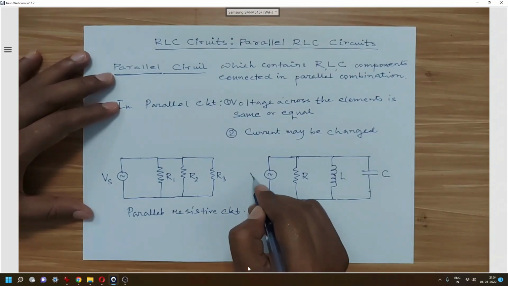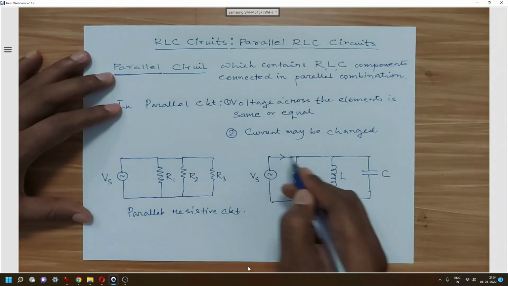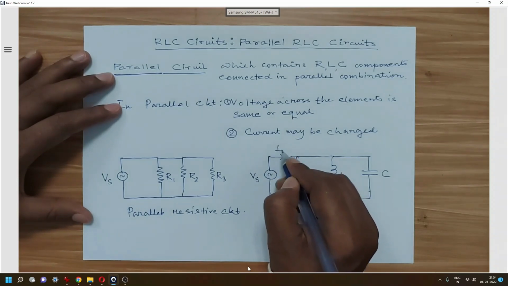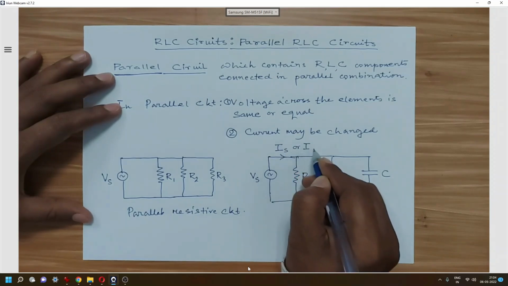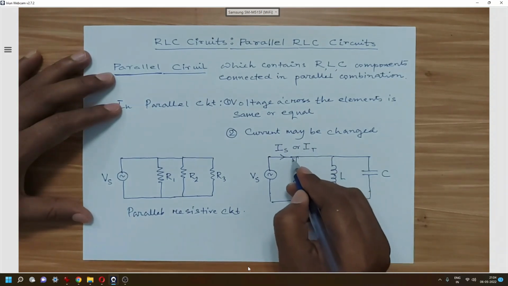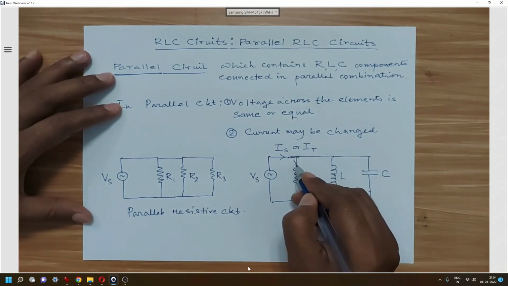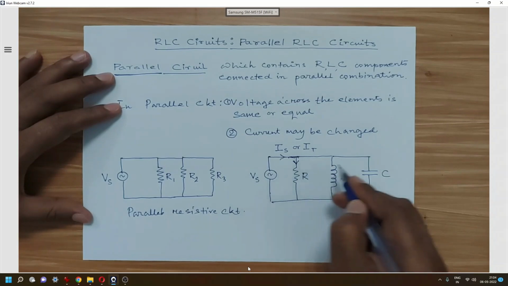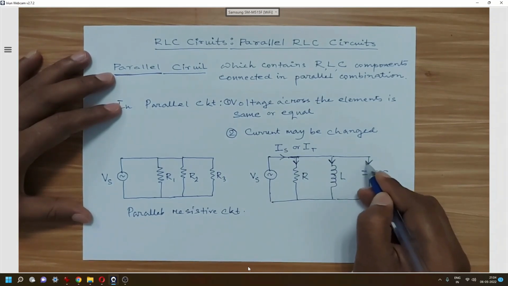Now if the Vs is the supply voltage, so Vs can drive one current which will be Is or It, total current, which will be divided, and it will be sending different amount of current through each element.